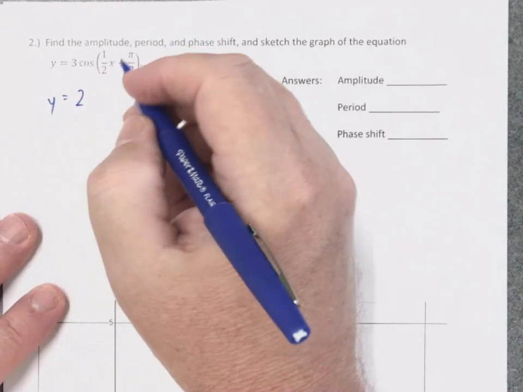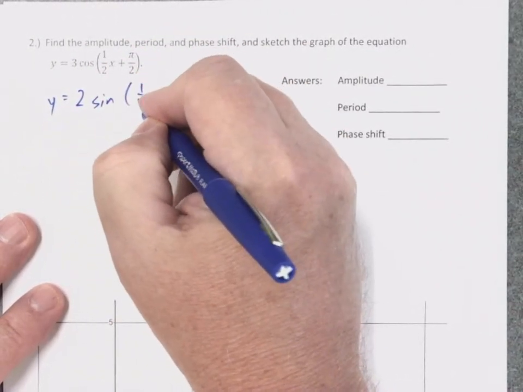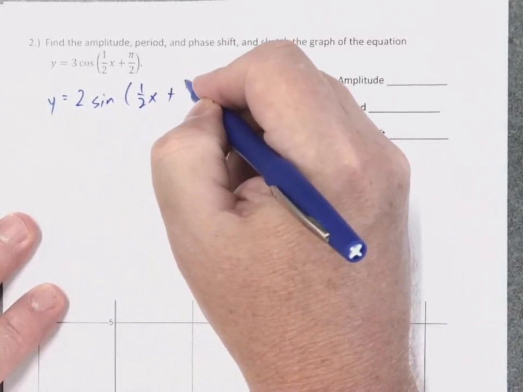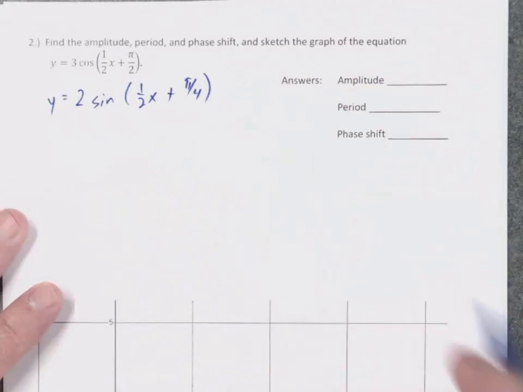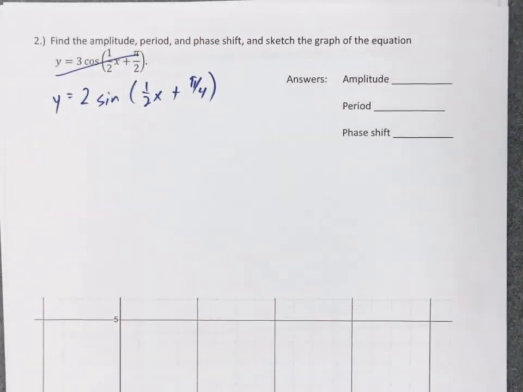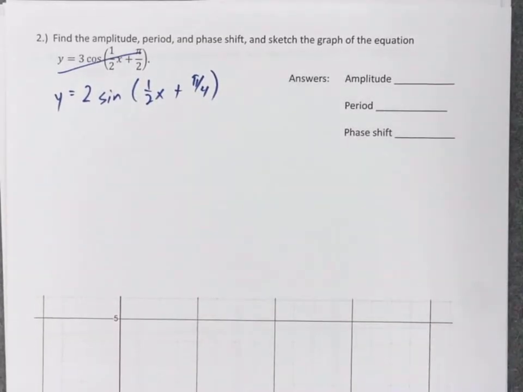I'm going to instead do 2 sine of 1/2 x plus pi over 4. So ultimately I want to graph this equation, and of course I'm going to have to figure this stuff out in order to create my graph.